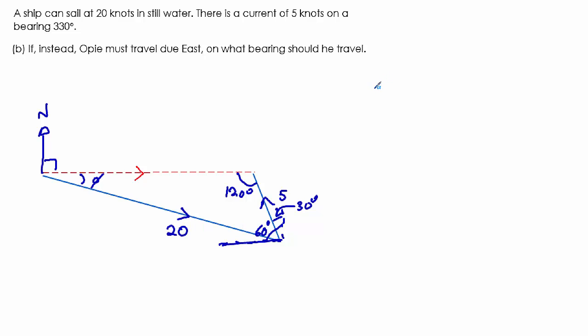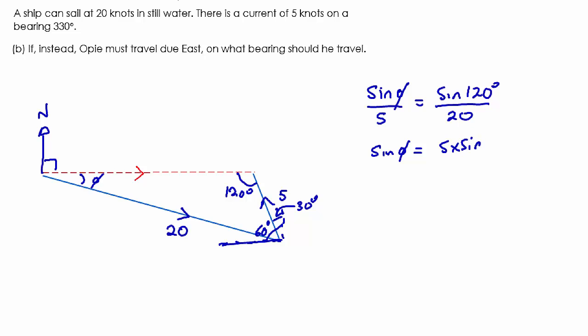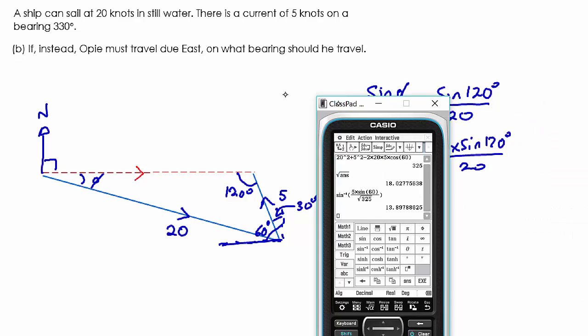So we can use the sine rule. Sine of phi divided by 5 would be equal to sine of 120 divided by 20. So sine phi would be 5 times the sine of 120 divided by 20.